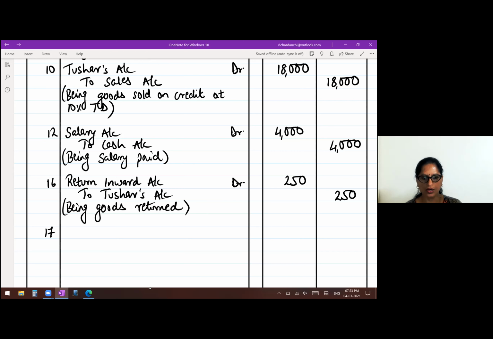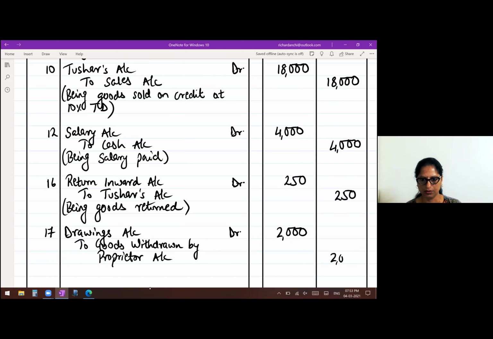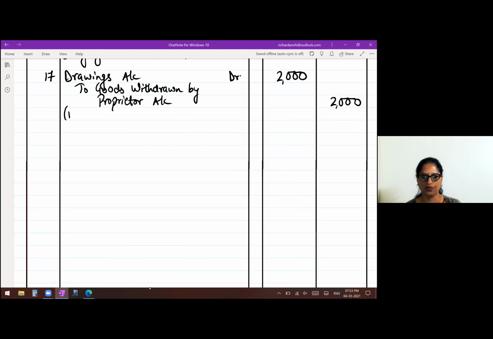So entry, drawings account debit 2,000 to goods withdrawn by proprietor account 2,000. Being goods taken for private use.